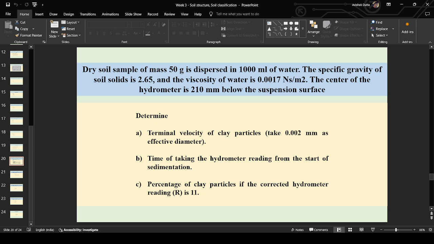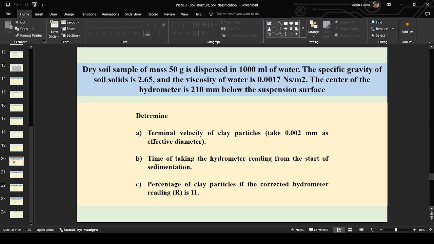A dry soil sample of mass 50 gram is dispersed in 1000 ml of water. The specific gravity of soil solids is 2.65 and the viscosity of water is 0.0017 Newton second per meter square. The center of the hydrometer is 210 millimeter below the suspension surface.